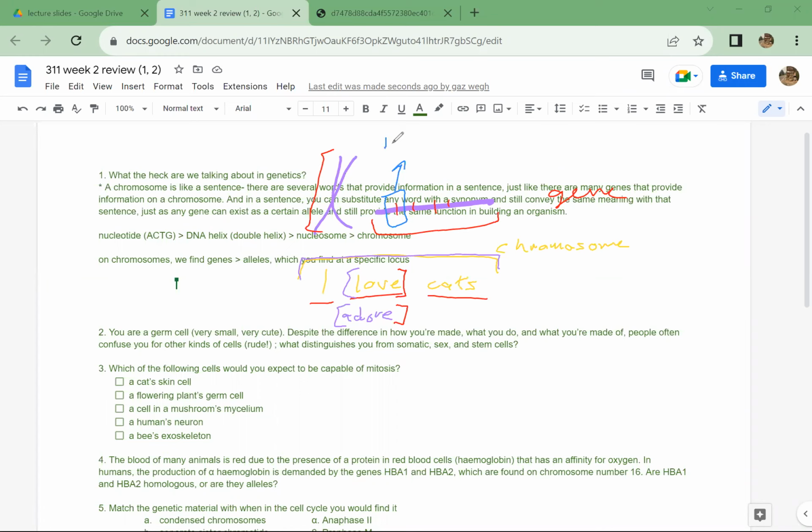And we describe the location using the Latin word locus, whose plural is loci. So this is a single locus. These two together are loci, because they're different locations on this chromosome.